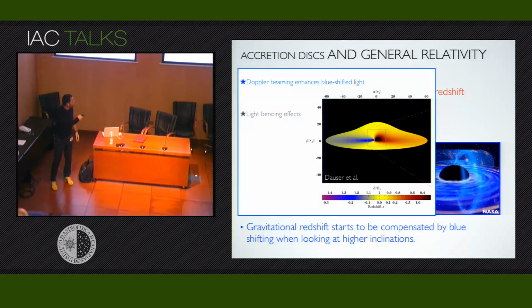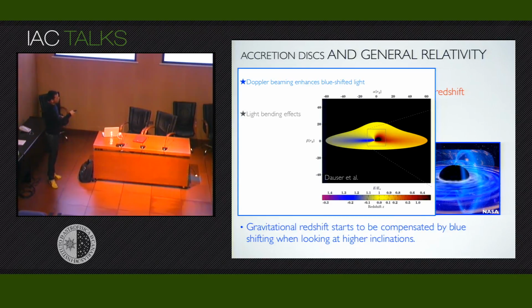So in this plot, I show you an image of the disk in projected coordinates. The matter here is rotating anti-clockwise. So in this part, we have a redshift, and in this part, we have a blue shift. And the central part is dominated by the gravitational redshift.